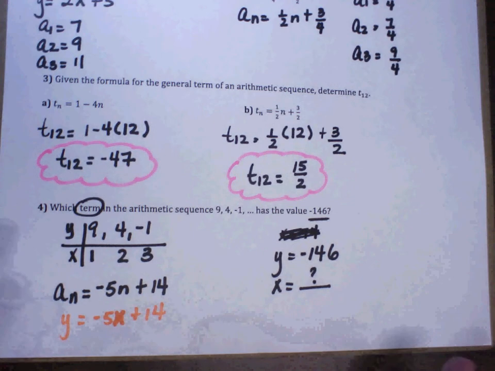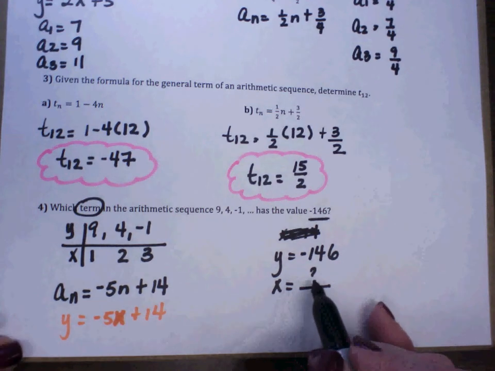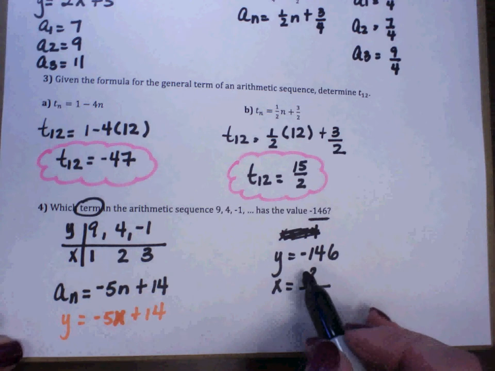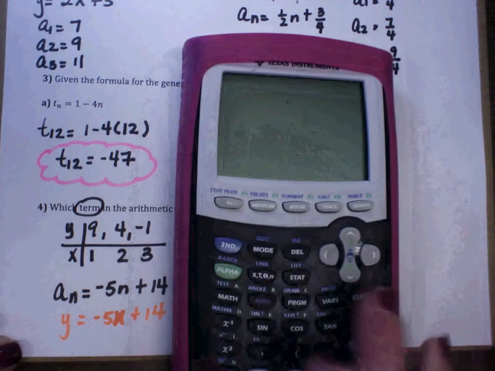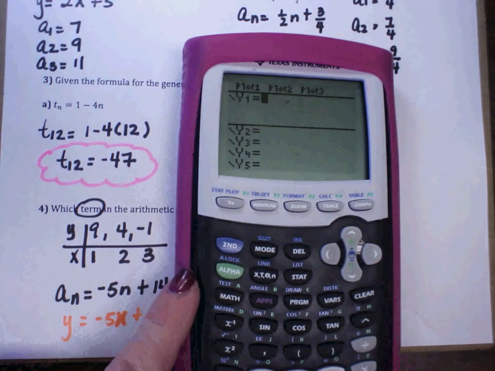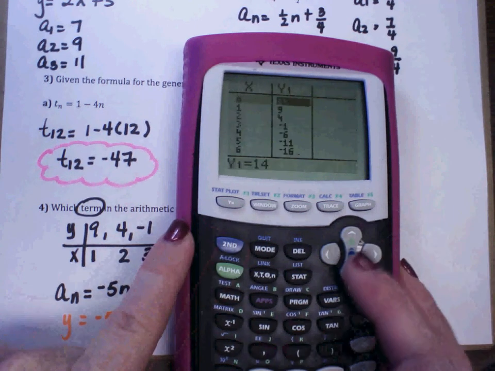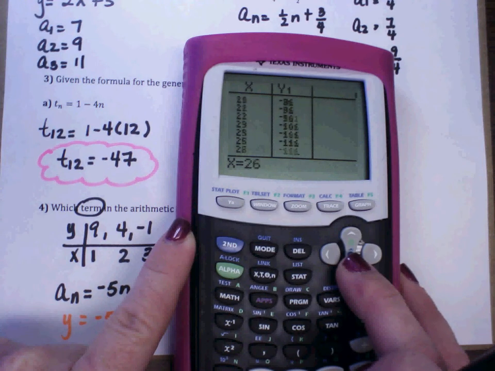You can either go to the table or plug it in. If you're going for the table, you're looking for the x that gives you negative 146 as a y, which means going down quite a bit.